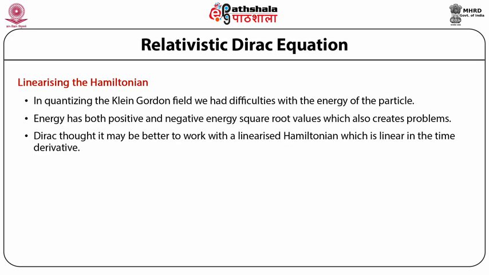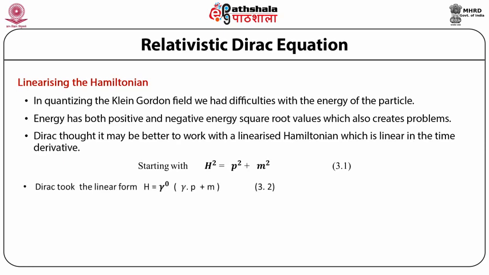So, starting with H squared, the operator for energy squared, equal to p squared plus m squared, Dirac took the linear form Hamiltonian H equal to gamma naught into gamma dot p vector plus m.